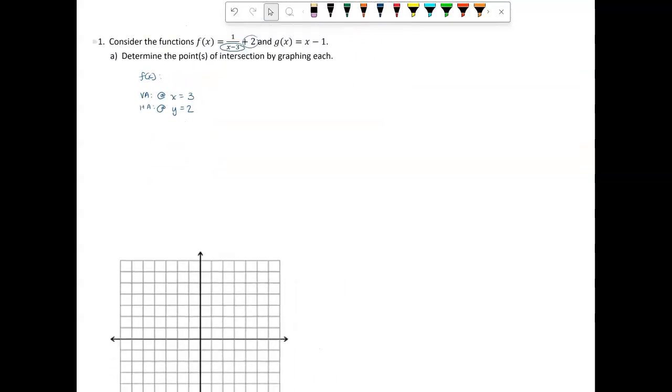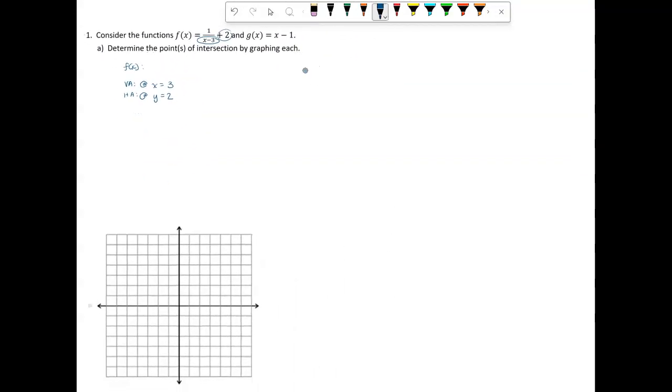So I can draw that. Here is the vertical asymptote that happens at x equals 3, and the horizontal that happens at y equals 2. Since there is no dilation, the corner points for the rational function should happen 1 up, 1 over from the origin of the asymptotes, and then 1 left, 1 down.